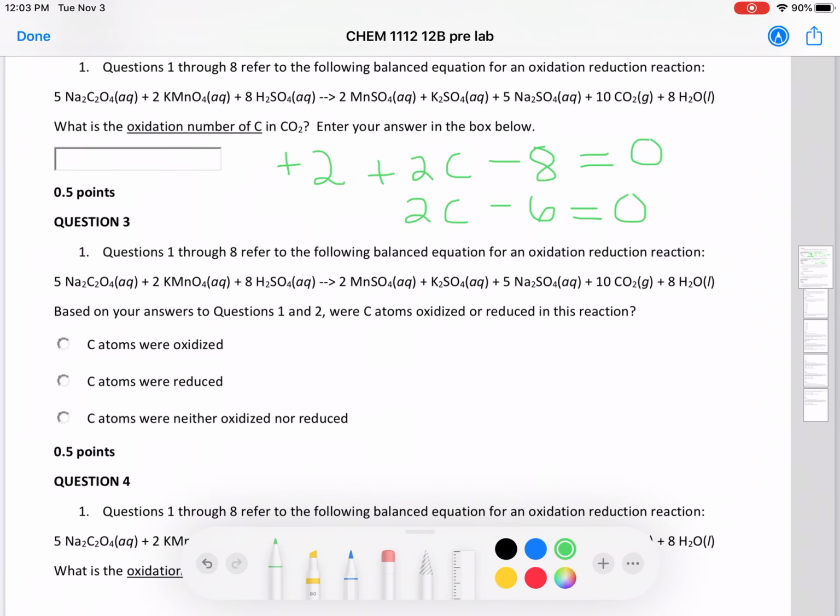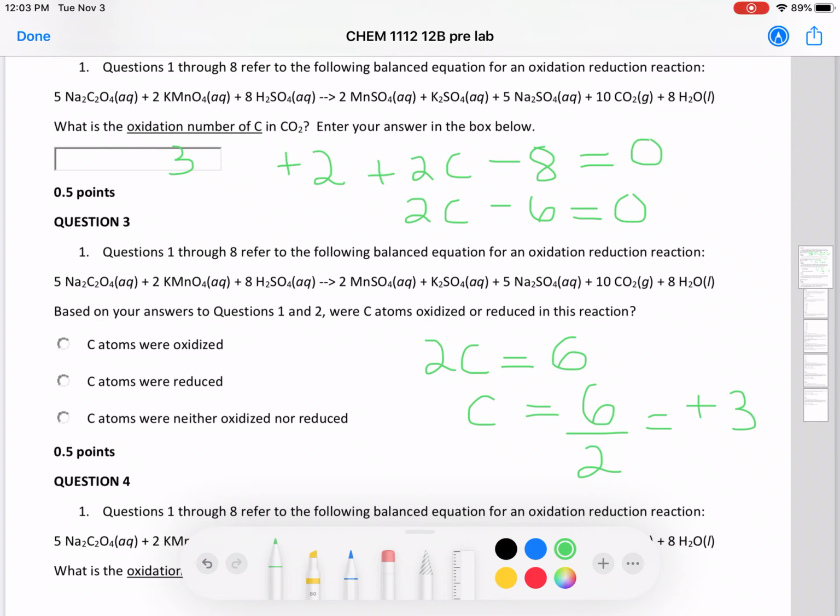We take the -6 to the other side, +6. So the carbon oxidation number is 6/2, which is +3. So the carbon oxidation number is 3. Okay, so you can answer over here, oxidation number for carbon is 3.